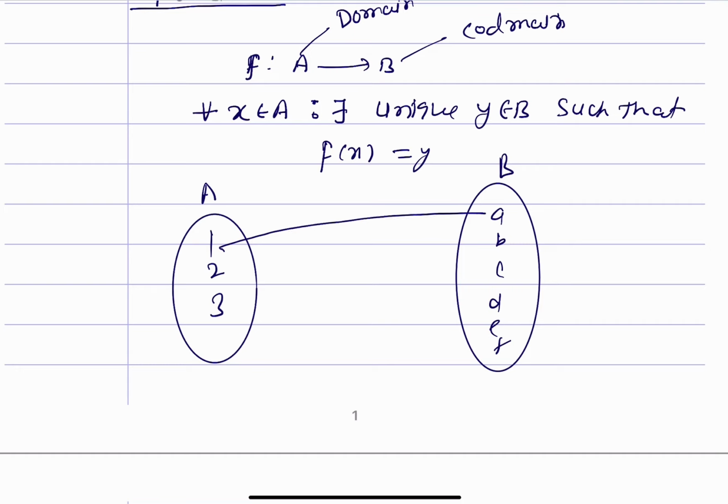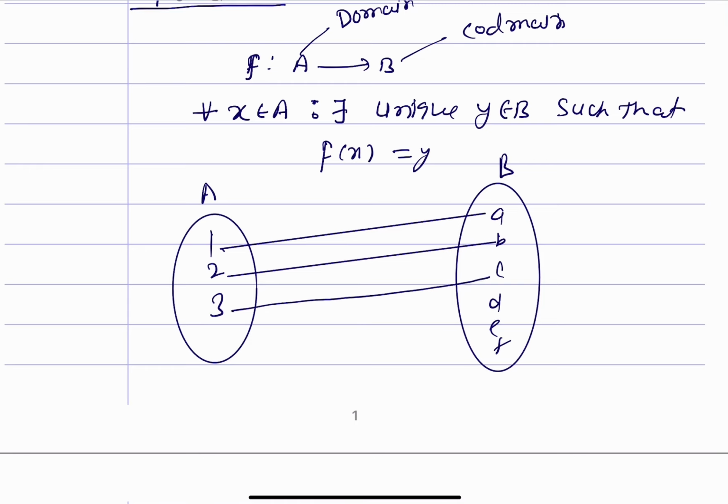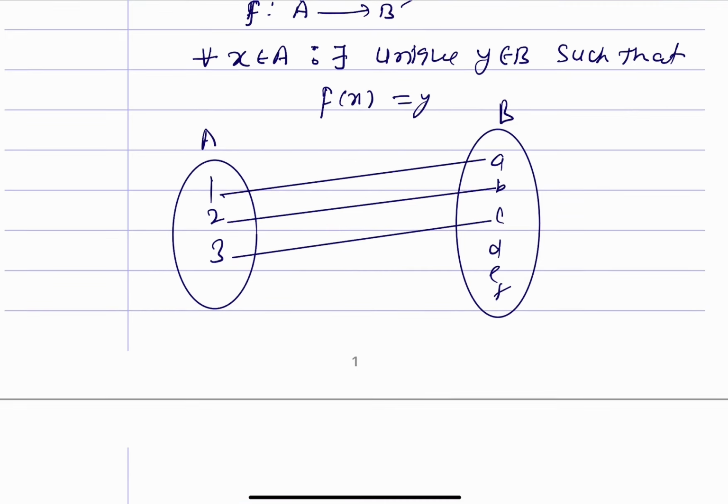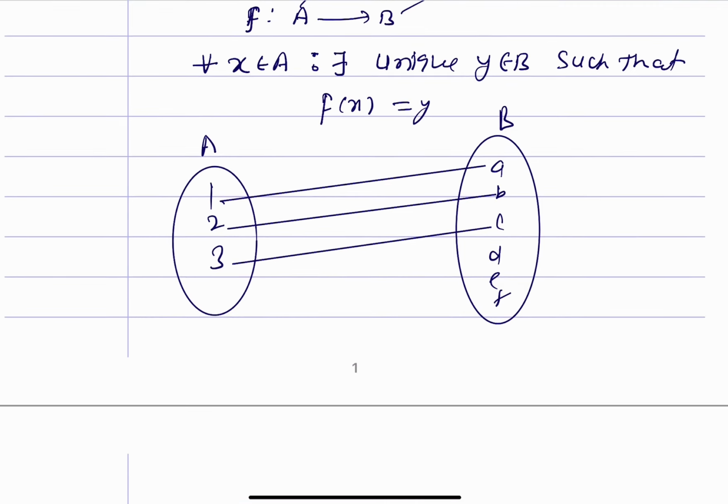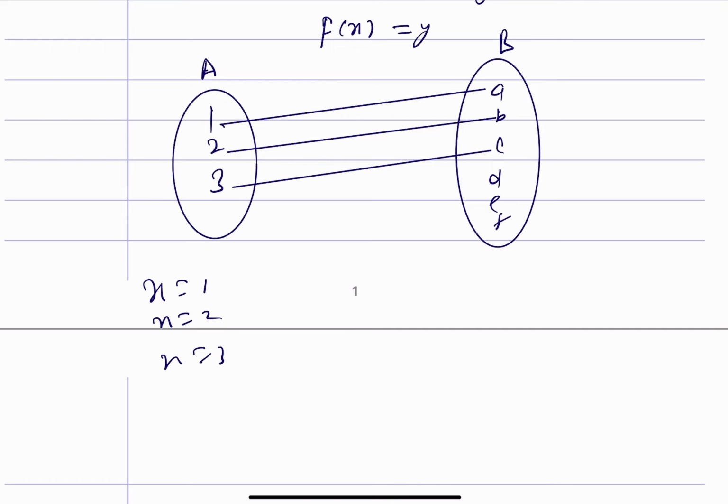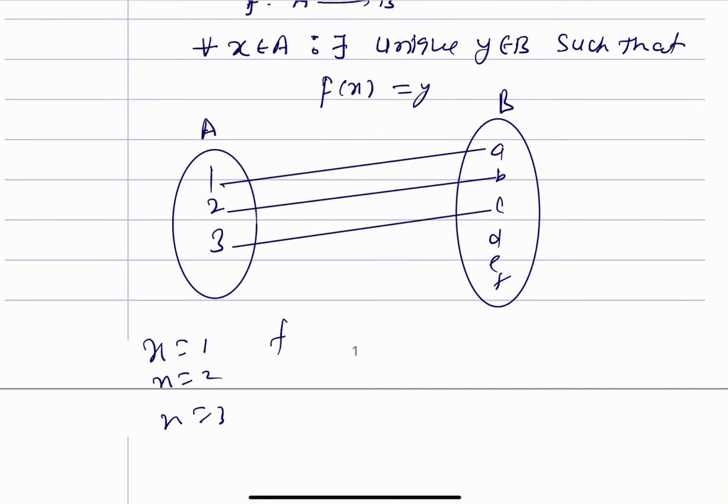The image of 1 is A, and similarly the image of 2 is B. You can see that for each x, if I say x equal to 1, x equal to 2, x equal to 3, I am taking them because they are members of A. So for each x, f of 1 has image A, f of 2 has image B, and f of 3 has image C.